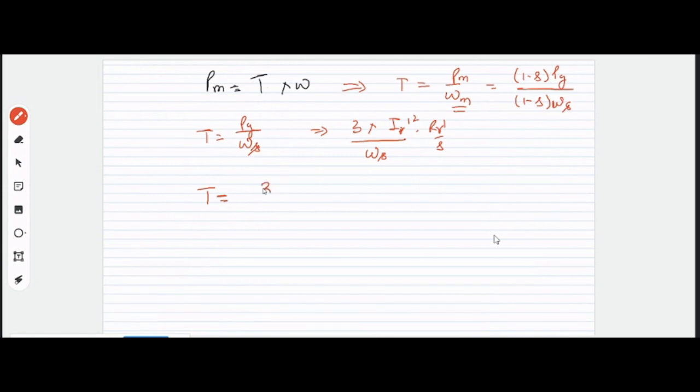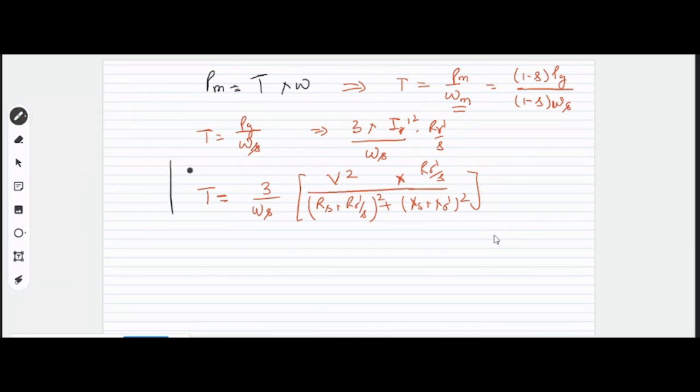It will be 3 over omega S into, for I2 squared, we put the value, so it will be V squared. If we talk about magnitude, it will be (RS plus R2' by S) whole squared plus (XS plus X2') whole squared, into R2' by S. This will be the expression, yes or no? This is the final expression for the torque.